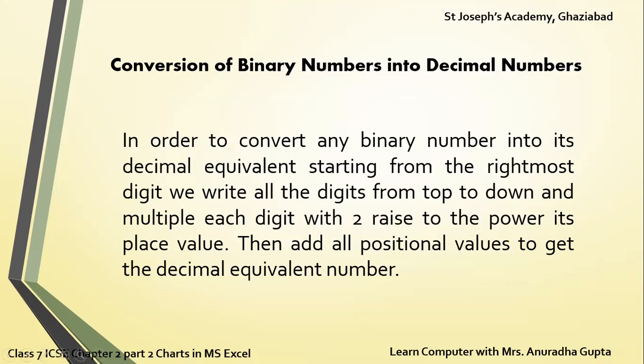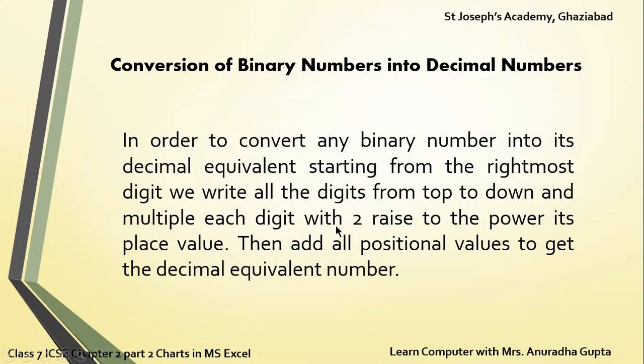Let's move to the next topic, conversion of binary numbers into decimal number. In order to convert any binary number into its decimal equivalent, starting from the rightmost digit, we write all the digits from top to down and multiply each digit with 2 raised to the power of its place value.